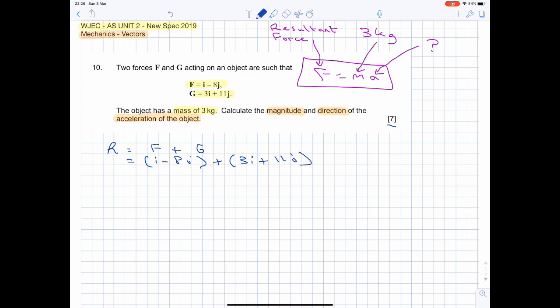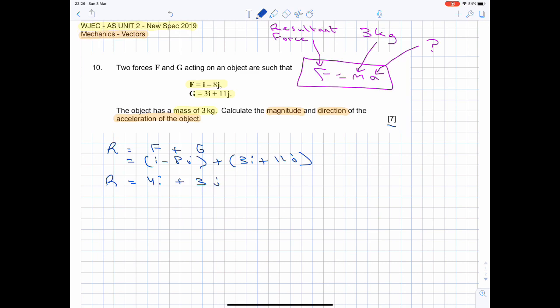We're now going to add like terms, starting with i. So that would lead us to 4i, and minus 8 plus 11 gives plus 3j, which is R, the resultant vector force in component form.